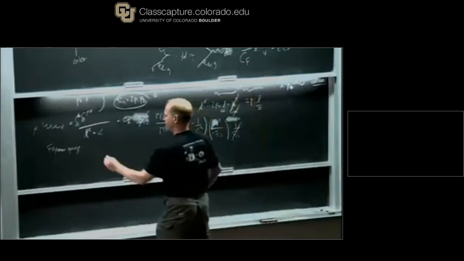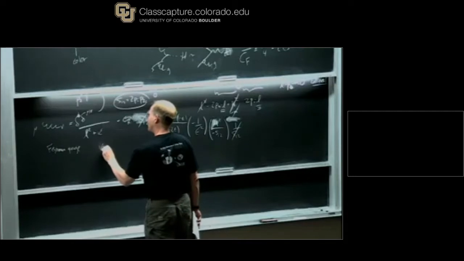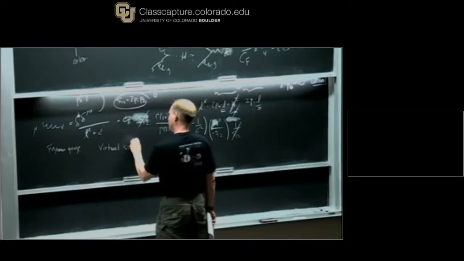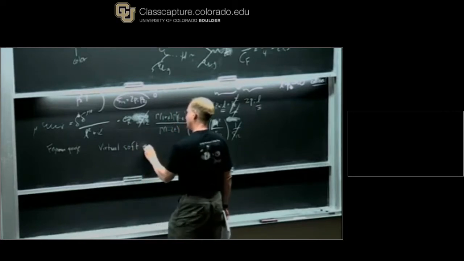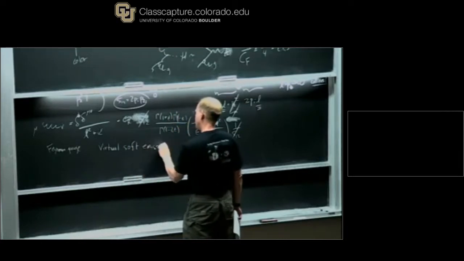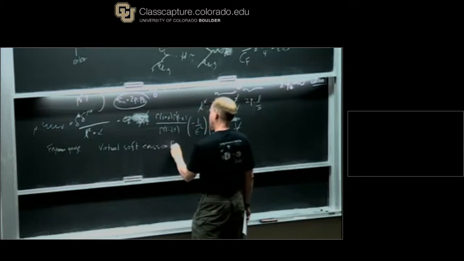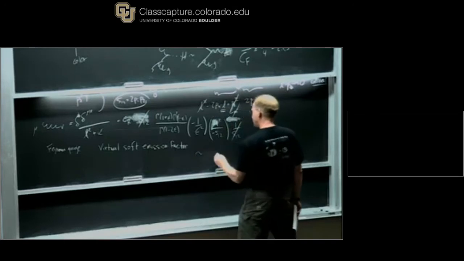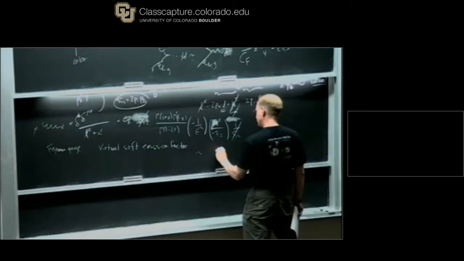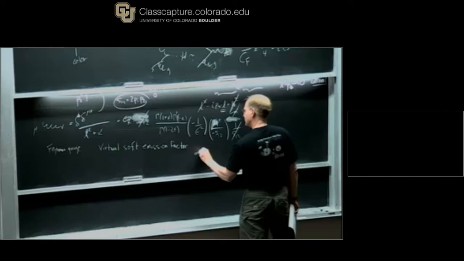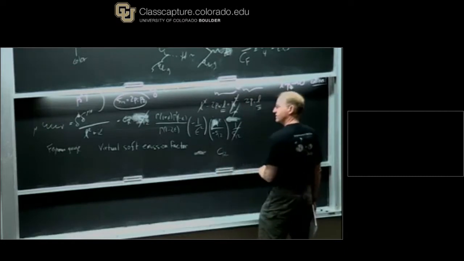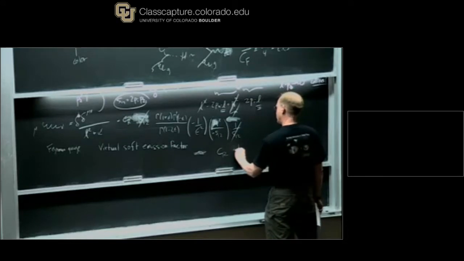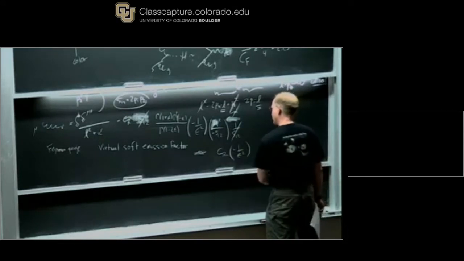So the bottom line is that the virtual soft emission factor goes like this quadratic Casimir, and then the most important thing is this minus 1 over epsilon squared.